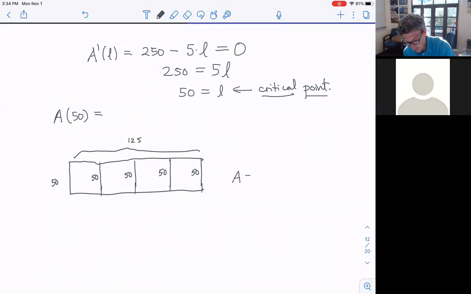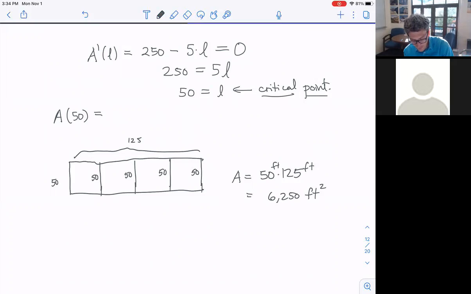According to this picture, our area should be 50 times 125, which, let me quickly calculate, is 6,250 square feet. I guess I should put units in there.